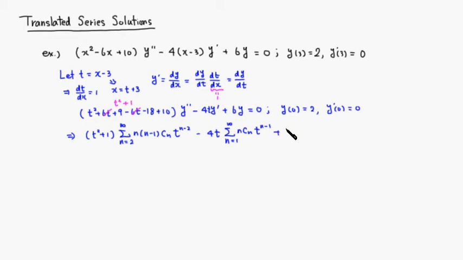And then you have 6 times y, which is the summation, n goes from 0 to infinity, cn, t to the n, which is equal to 0.